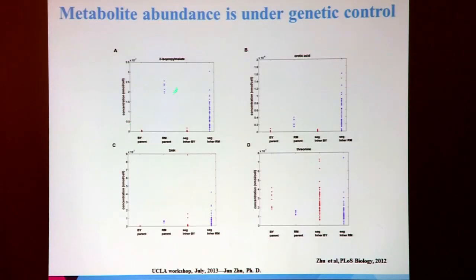The first thing you can see is that, similar to gene expression, all these metabolite abundances are regulated by genetics. We have a parental node, for this metabolite isopropylmalate, where the abundance is different. Also in the F2 cross, if you separate the segregants by whether they carry one of the parental alleles, the abundance is different.